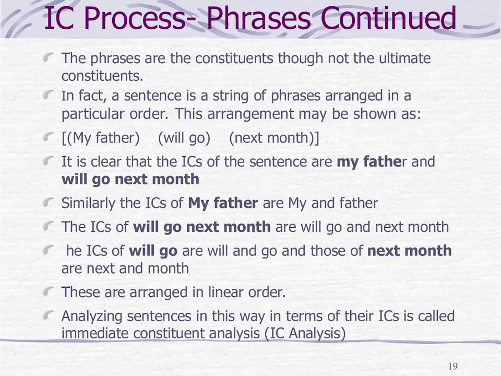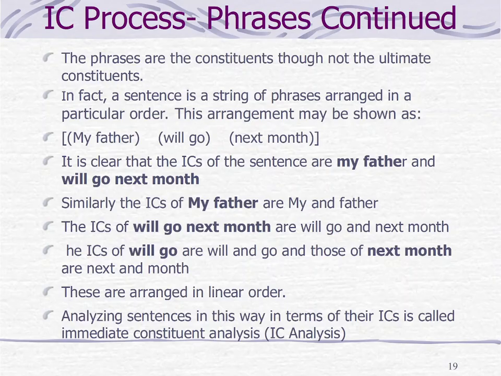So a sentence actually is a string of phrases arranged in a particular order. That order I have already told you. So arrangement of the previous sentence can be shown as my father, will go, and next month. So these are the phrases.